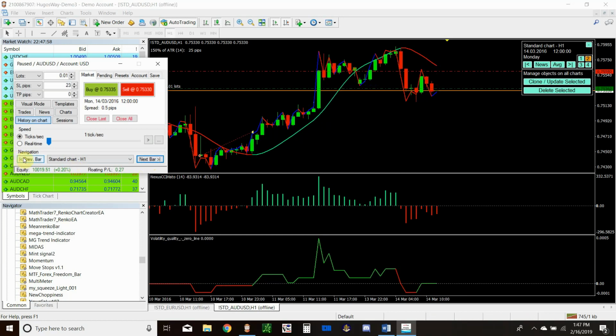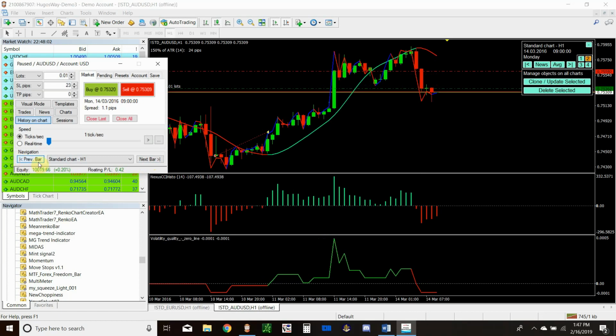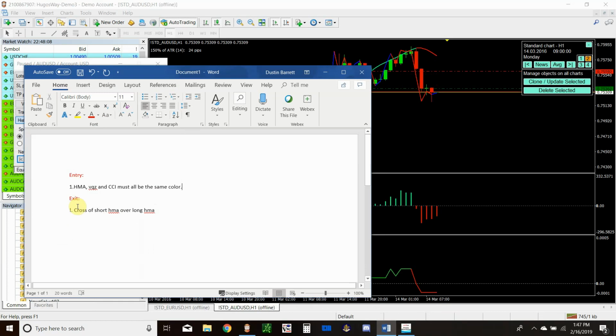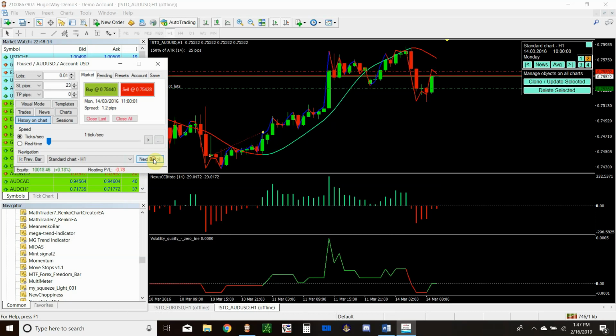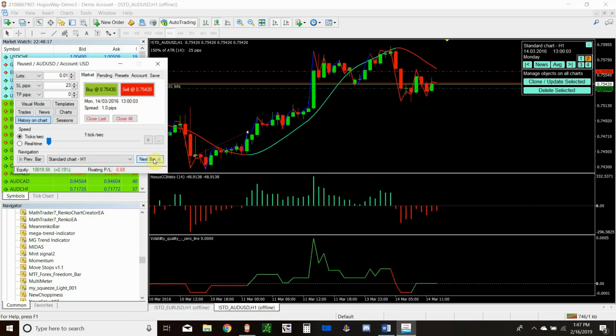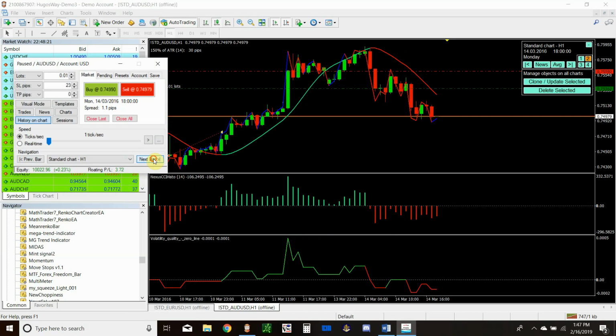Okay, so actually, if you look at it, I wasn't paying attention. If we go by this, what's our exit rules? Our exit rule is cross of short HMA back over the long. So we don't have an exit yet, and we haven't hit our stop yet. So we'll just stay in.